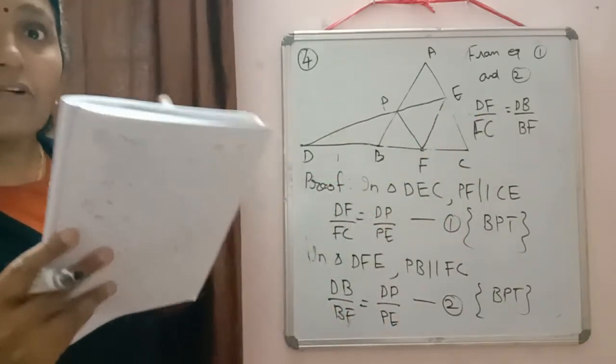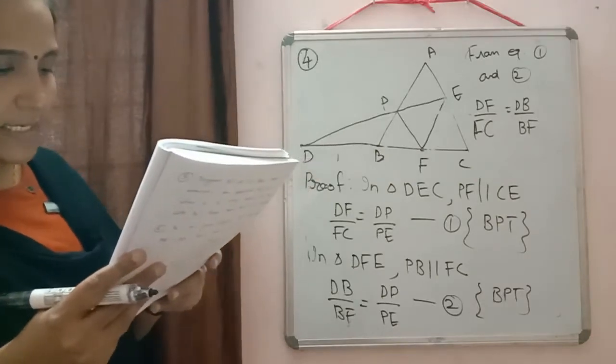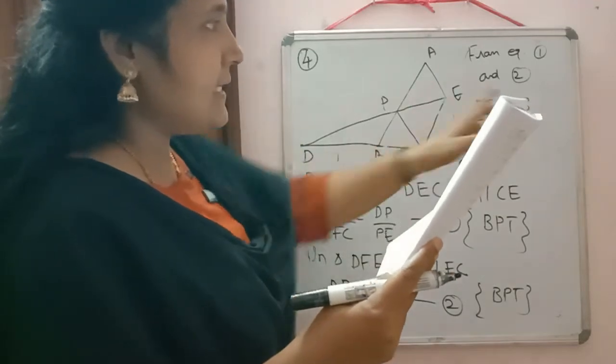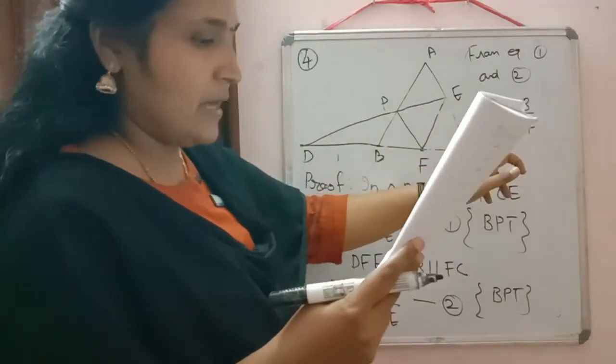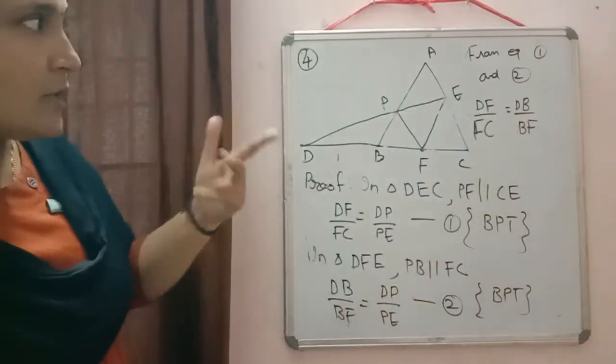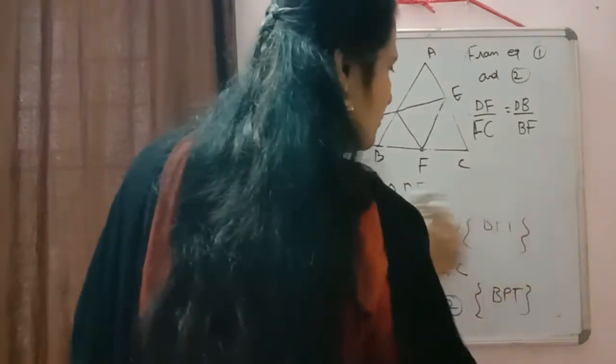Now check what sides we need in the proof there. In the proof we want DF, that we have. DB and DC. DB we have, DC we don't have here. And FC and BF we don't want there, so FC and BF we don't need in the proof. Then what should we do?